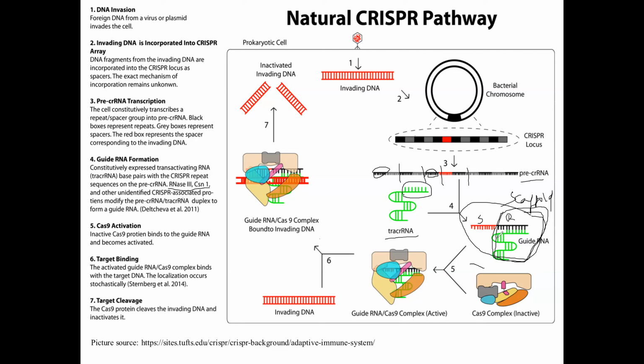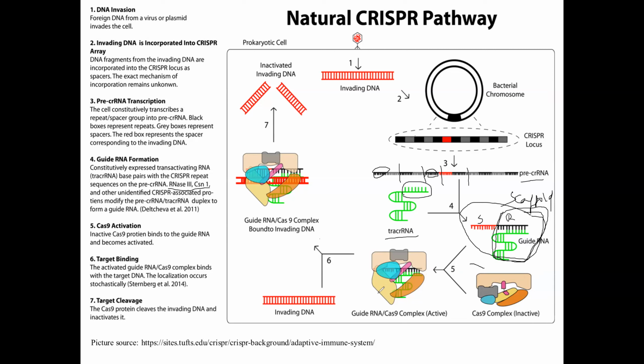When this guide RNA binds to Cas9, Cas9 undergoes a conformational change. There's a domain rearrangement happening. You can see the domains shown in different colors, and we can see the relative reorientation after the binding event. This has gone here, this has gone here, and this yellow one has come here.